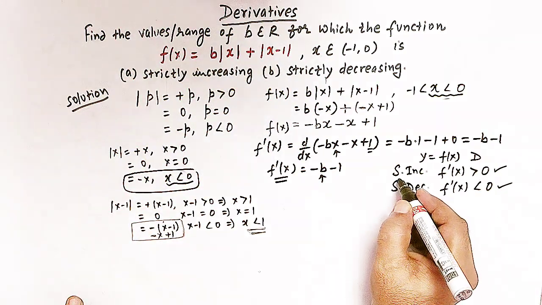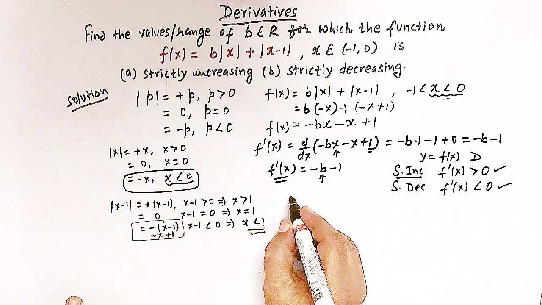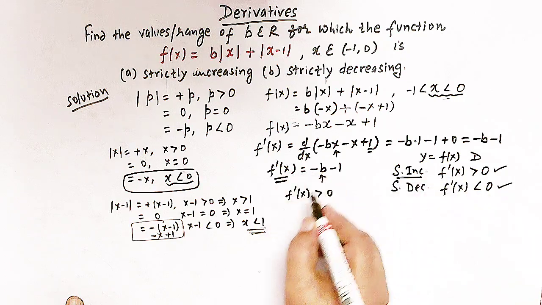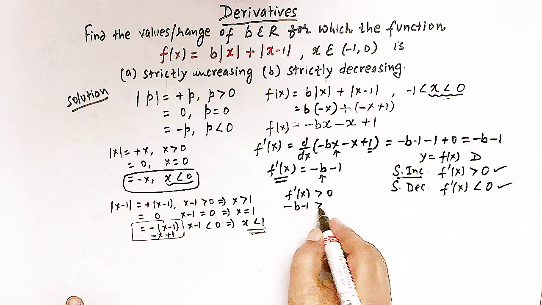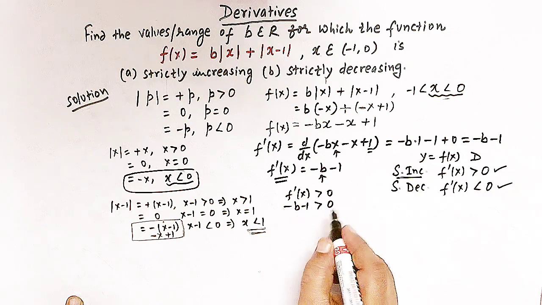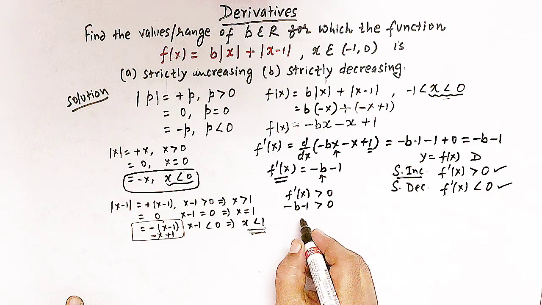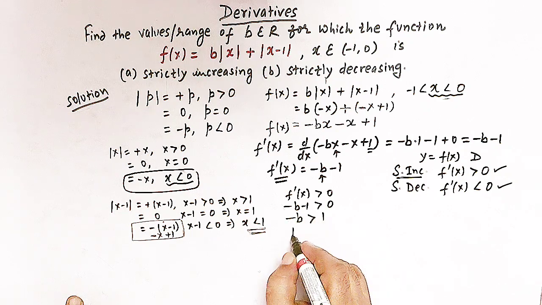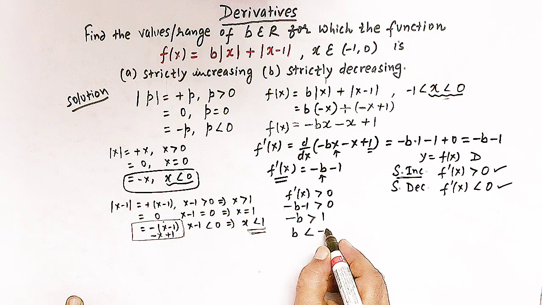Now for strictly increasing, we have f prime of x greater than 0. So f prime of x, minus b minus 1, is greater than 0. Solving this inequality, we can write minus b greater than 1, or b is less than minus 1.